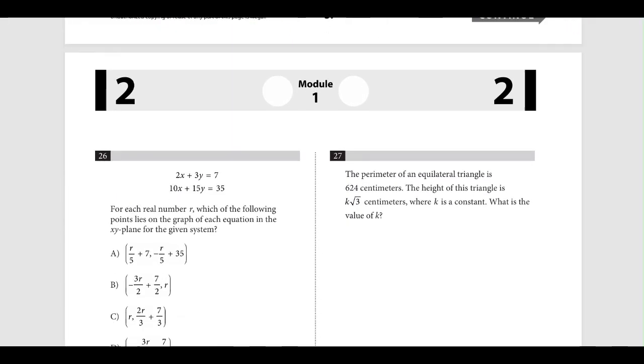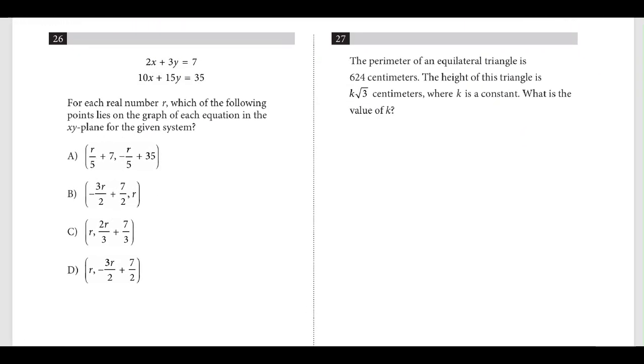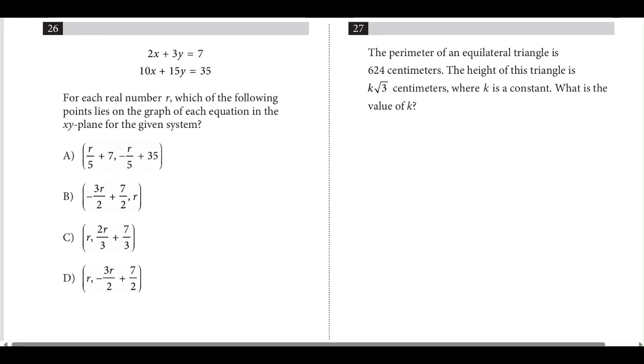Let's go to question number 26. So we have two equations for each real number r. Which of the following points lies on the graph of each equation in the xy plane for the given system? So we just have four different points and we have to put them one by one into the equations that are given to us.